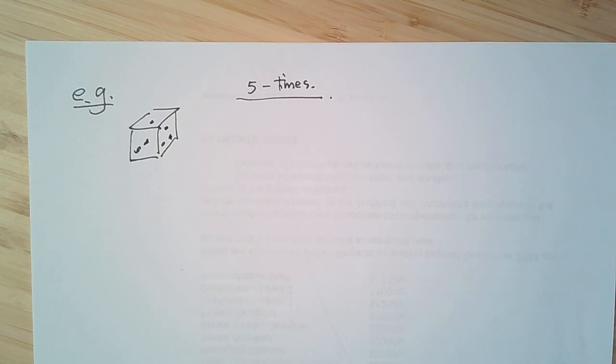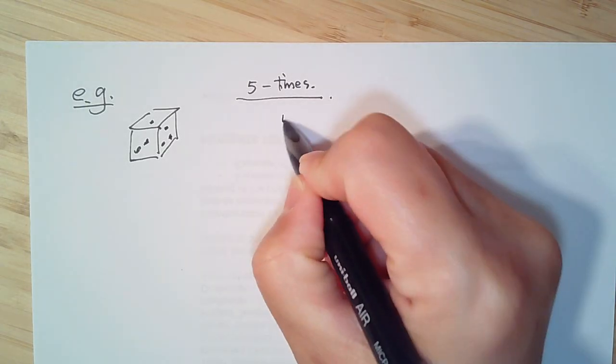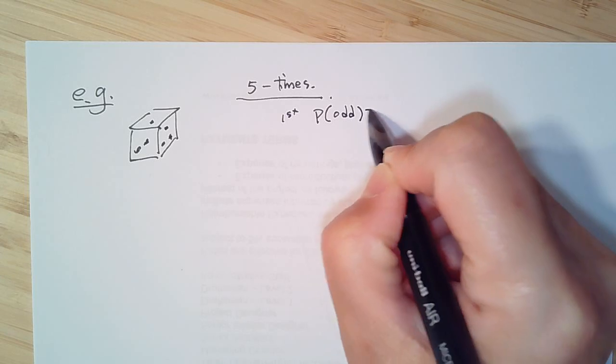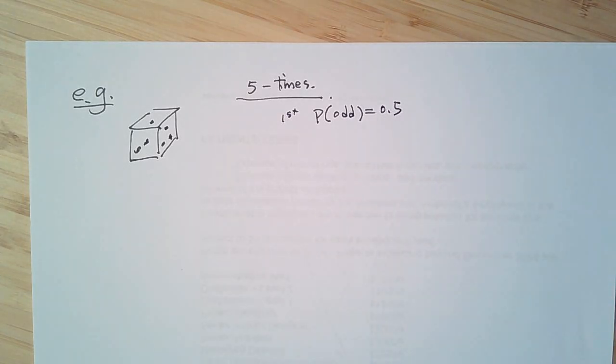And the third time you have even or odd. So how many possible odd numbers are there? The first time, the proportion to get odd equals 0.5, right?